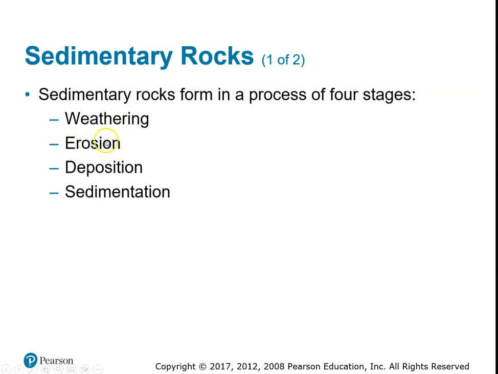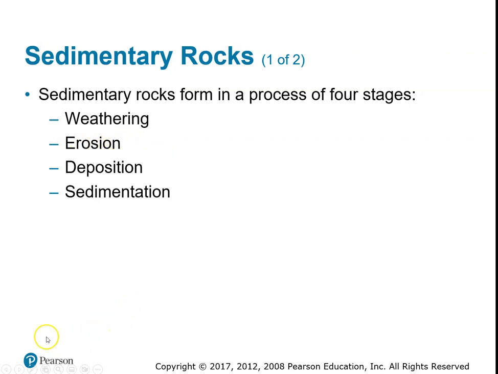Erosion would just be water pouring down on the rock, year after year, decade after decade, century after century, thousands and hundreds of thousands of even millions of years, and you will start to erode the rock.